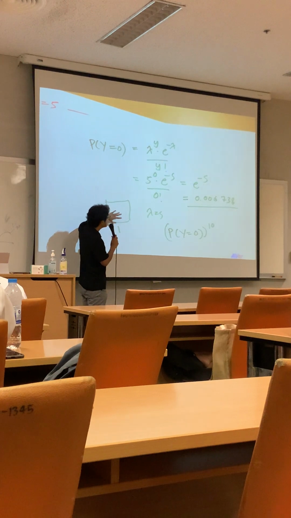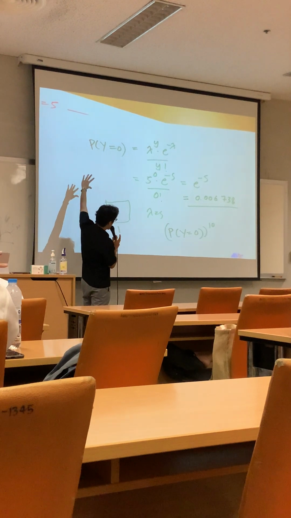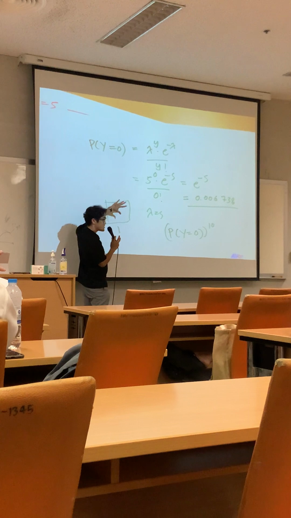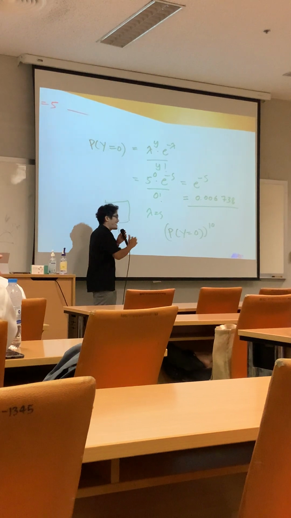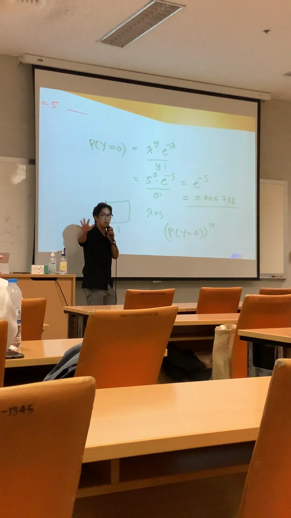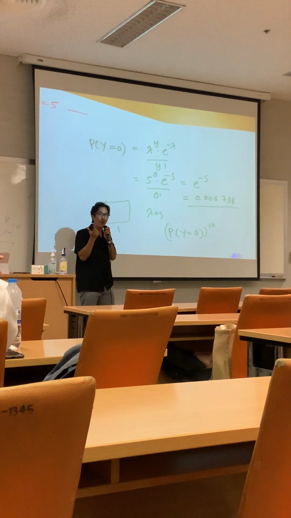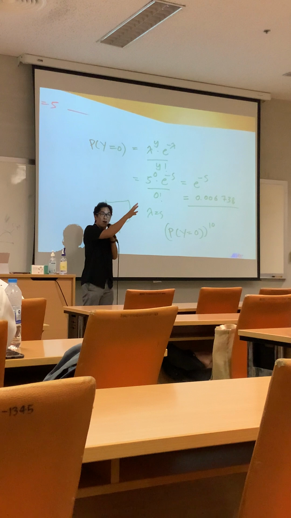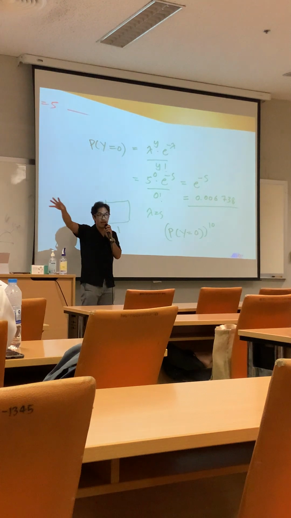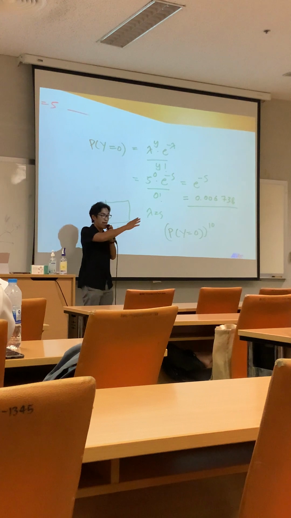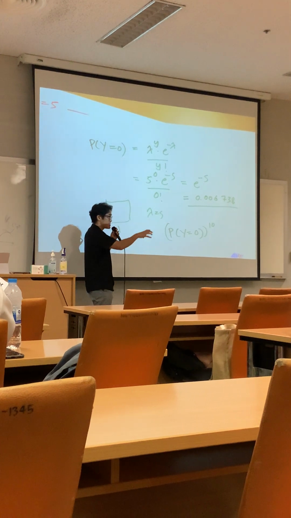Because they're not enlarging the area, they have the same size area, but there are 10 of them. So what we have here is the joint probability of the 10 spaces having no seedling at all.